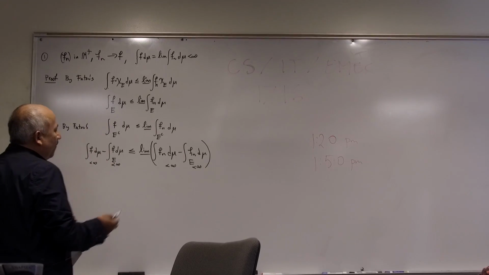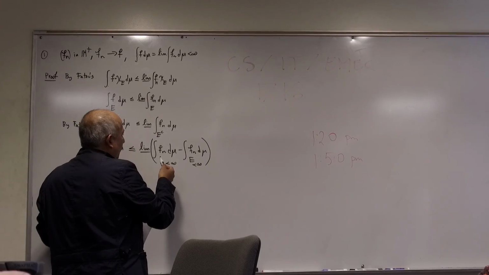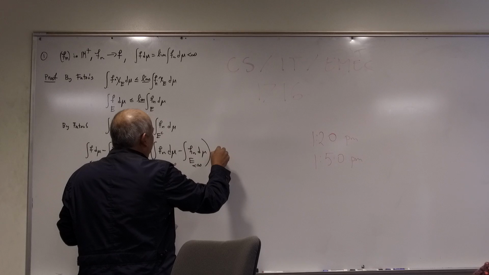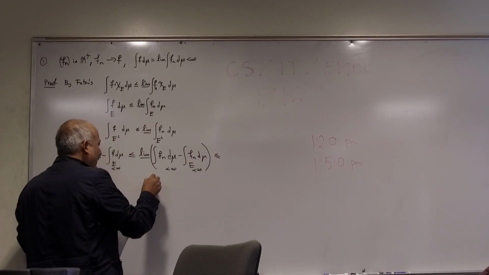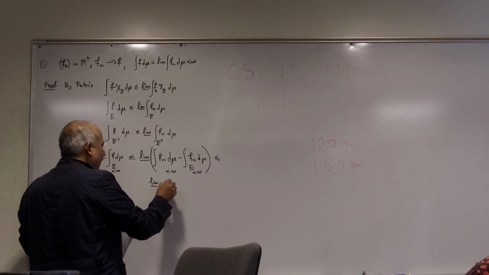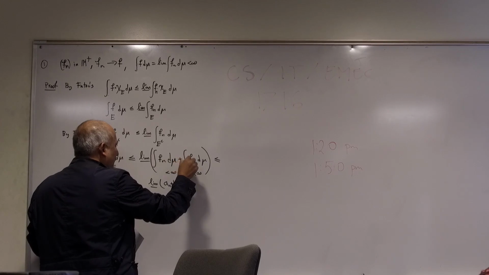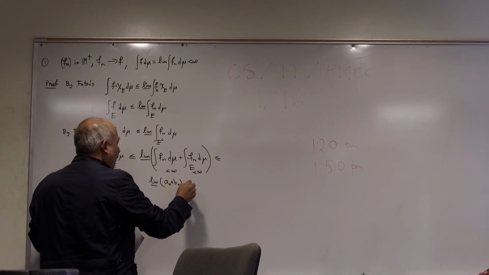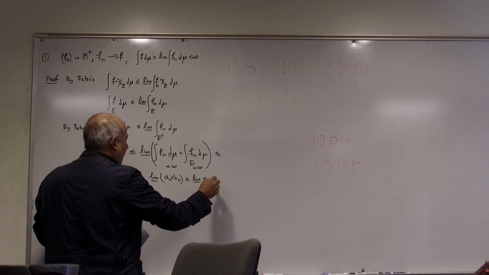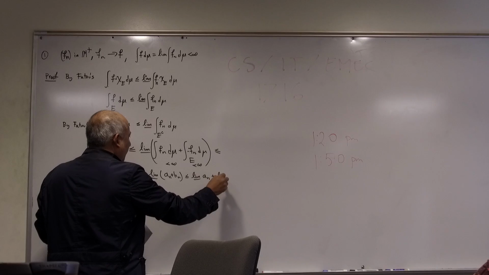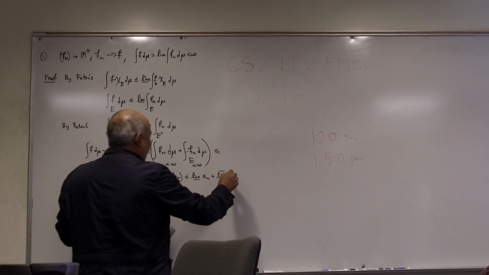Now, the lim inf of something is less than or equal than, so I think we are using the fact that the lim inf of a_n plus b_n, if you wish we can put a minus here, is less than or equal than the lim inf of a_n plus the lim sup of b_n.